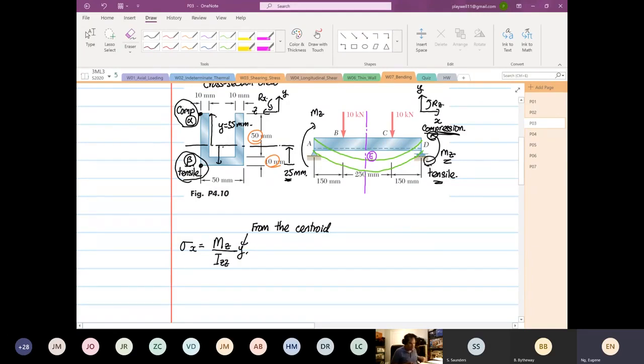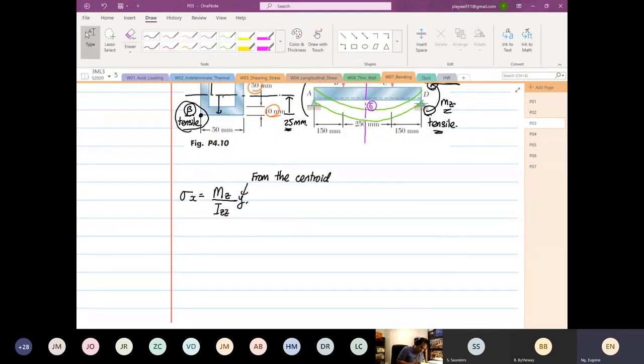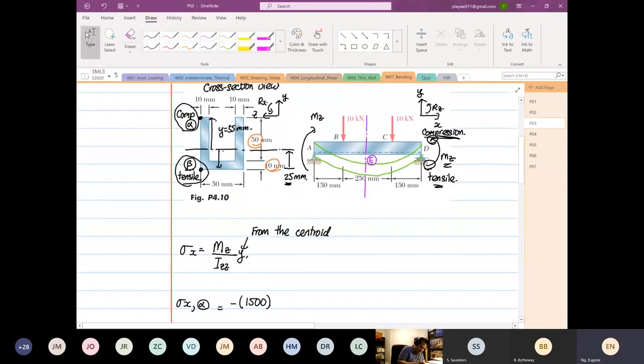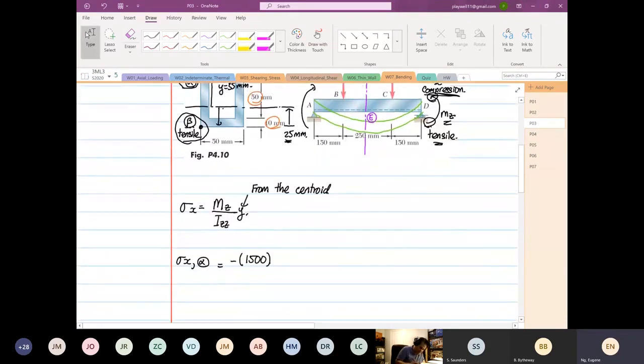So now we want to find stress X of point alpha, and because we know there's compression, we immediately put minus. The moment is 1500, and the y is 35 millimeters, so this is 0.035. And then Izz is equal to what did we find?